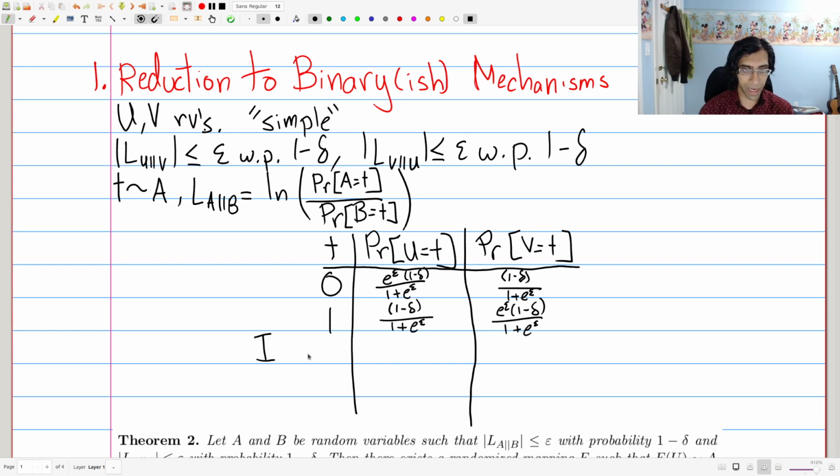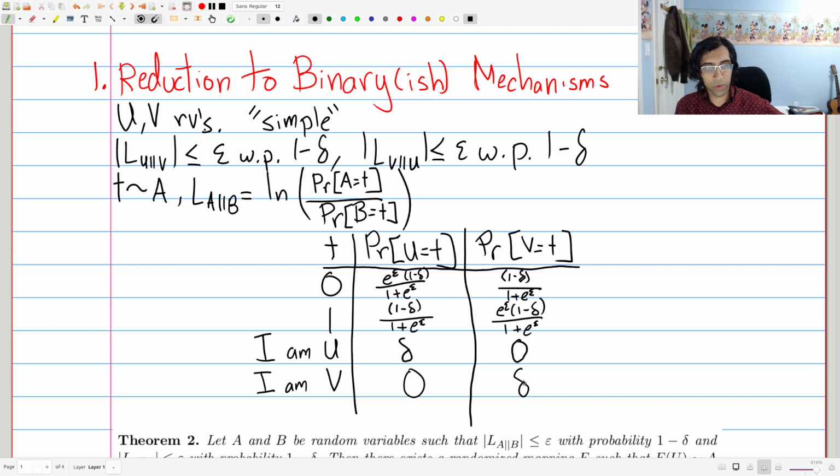And we're going to want an outcome which literally screams "I am u." So in this case, we're going to set this to happen with probability delta. And then v never takes that value, obviously, based on the name. And symmetrically, we're going to have another outcome, "I am v," which is 0 and delta.